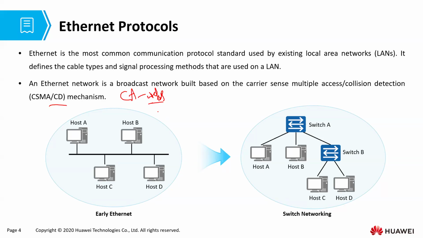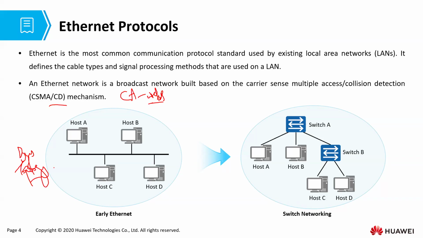Early technologies, I think we used the bus topology. We discussed types of topologies early in our sessions. The bus topology is a type of topology where we have a shared medium.